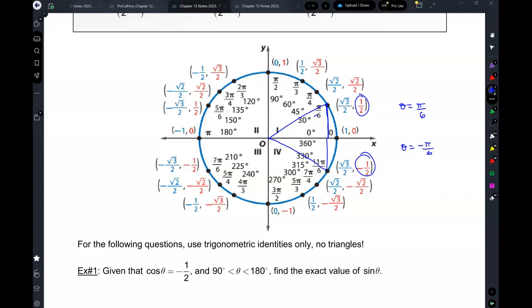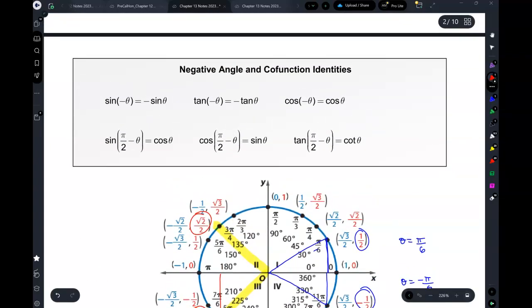Here, it'll be negative. Now, it works for any of the angles. Take a look at this angle. The negative of that will be here. One has a value of negative root 2 over 2. What's the negative of that? Positive root 2 over 2. So, when you have sine of negative theta, the negative basically comes out, the sign will be negative.